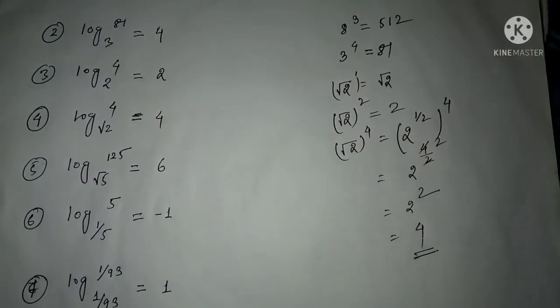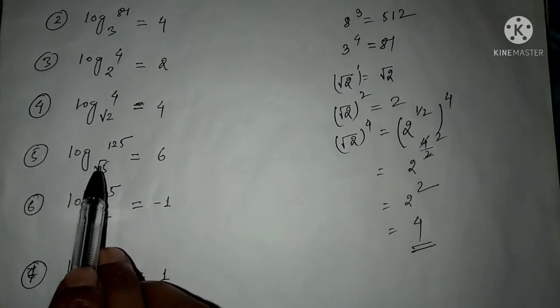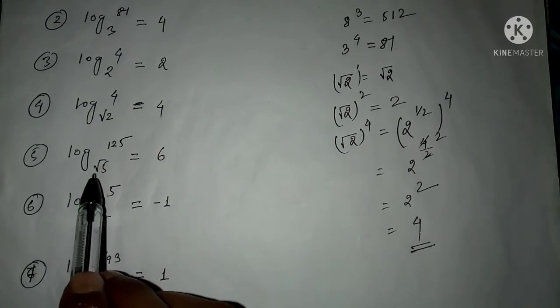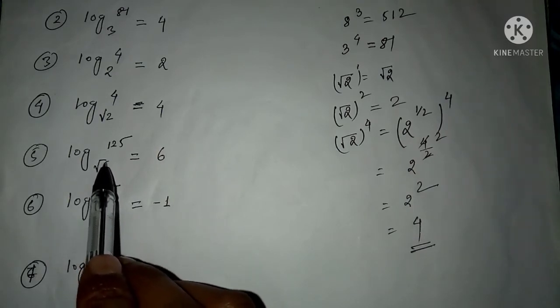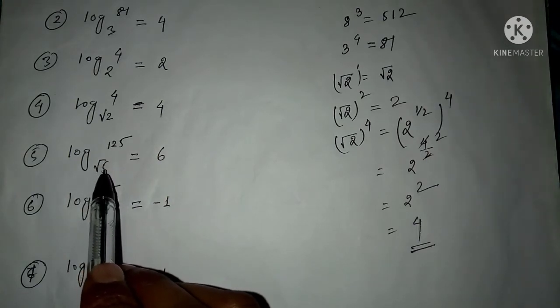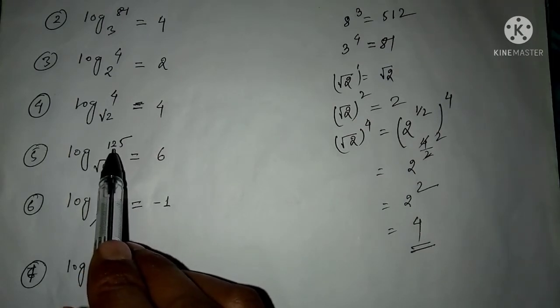Very simple. Then next, they are asking what power of square root of 5 gives us 125. I'm repeating it again, what power of this root 5 gives us 125.